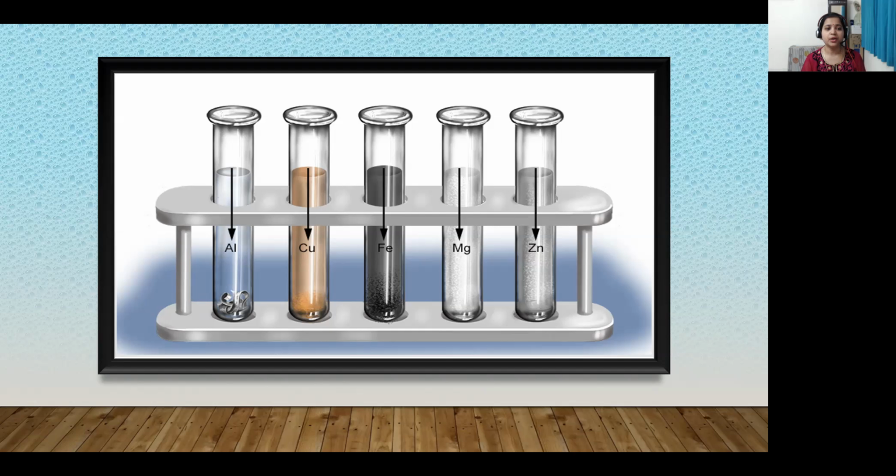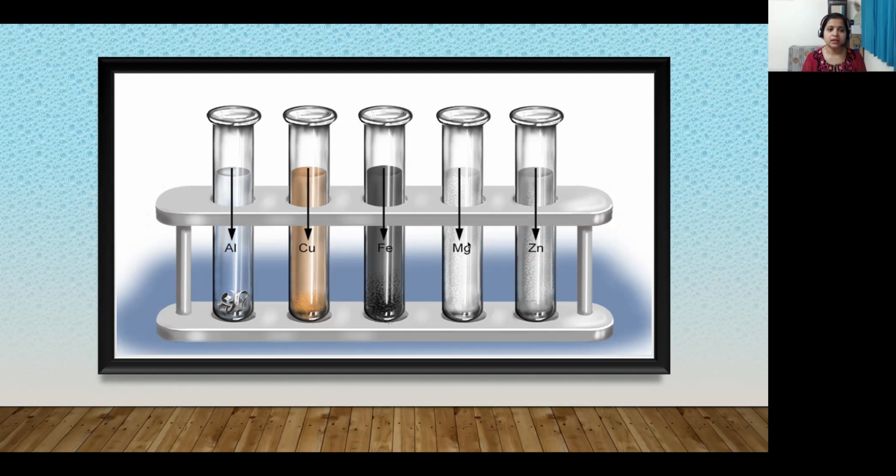And copper will not react with water at all, neither in cold water nor in hot water. Again, iron and zinc will also react with steam to produce the respective oxides, meaning iron oxide or zinc oxide, and aluminum reacts with steam to produce aluminum oxide. But magnesium will react with hot water.